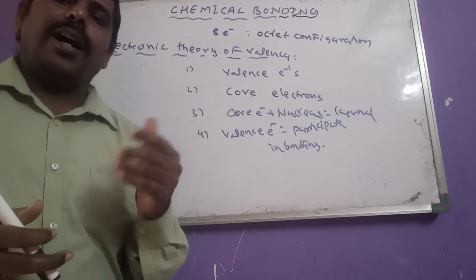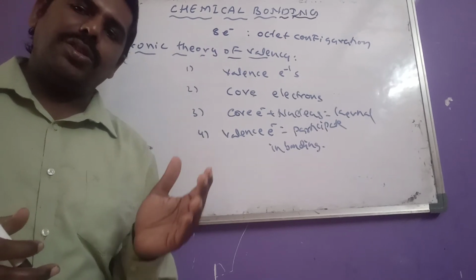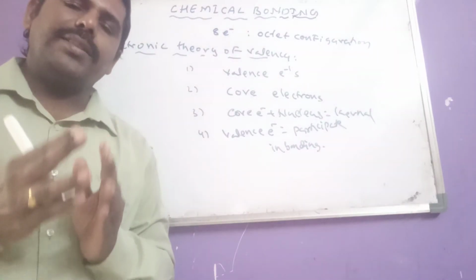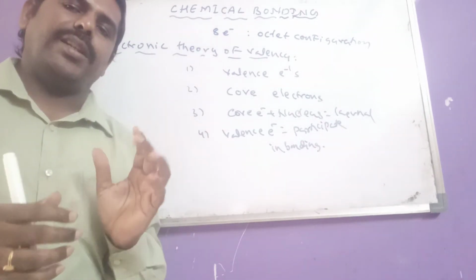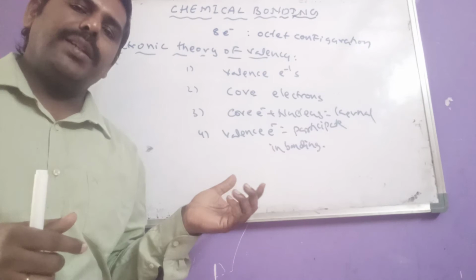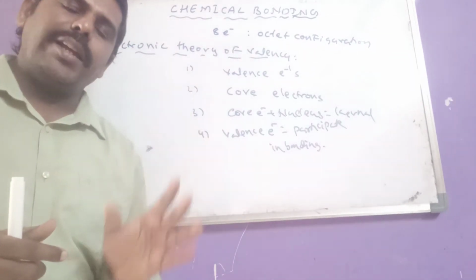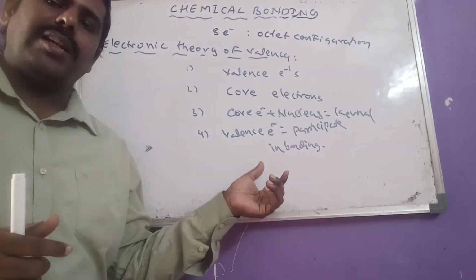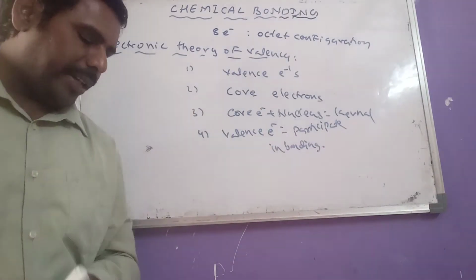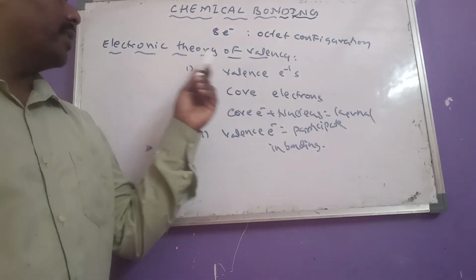And the atoms which have 8 electrons in the outermost shell get stability, and that is called octet configuration. All atoms, either by losing, gaining, or sharing electrons, get into octet configuration and get stability. So this is the theory known as the electronic theory of valency.